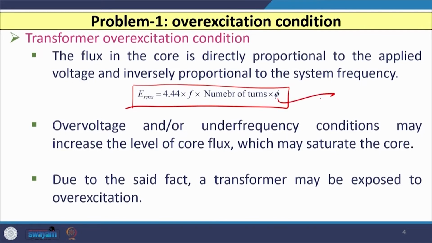So, if there is an increase in voltage, in case of over voltage condition, or a reduction in frequency, or both over voltage and under frequency, in that case the level of flux inside the transformer increases and there are fair chances of saturation of the transformer core, and because of this the transformer may be exposed to an over excited condition.